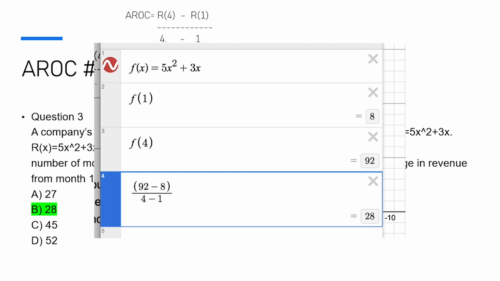If you just put f of x equals 5x squared plus 3x and click the next line and just plug in f of 1, it's going to give you the answer. It plugs in the 1 for you without having to type out a whole new equation and put 1 instead of x. So just a quick way to solve this, and it ends up being 28.